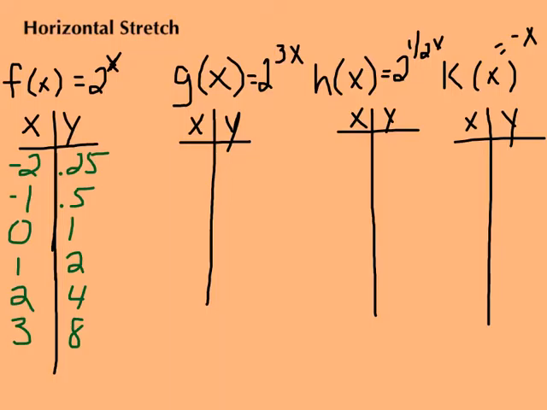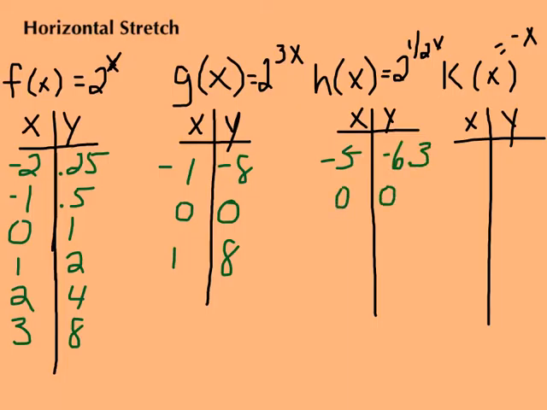G of x is 2 raised to the 3x power. So it's going to be negative 1, 1/8; 0, 1; 1, 8. Next, 2 raised to the 1/3 x: negative 3, 0.5; negative 1, 0.8; 0, 1; 3, 2; and so on.